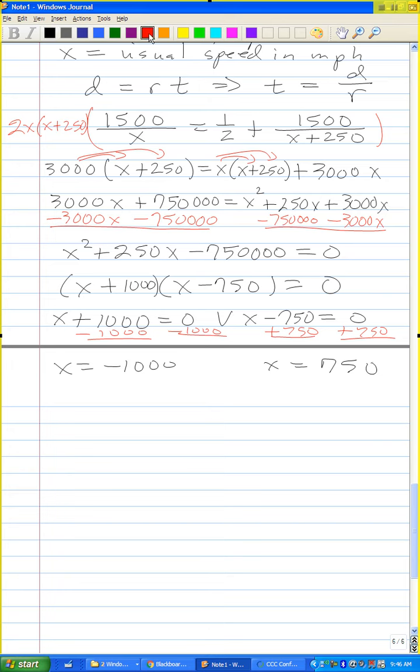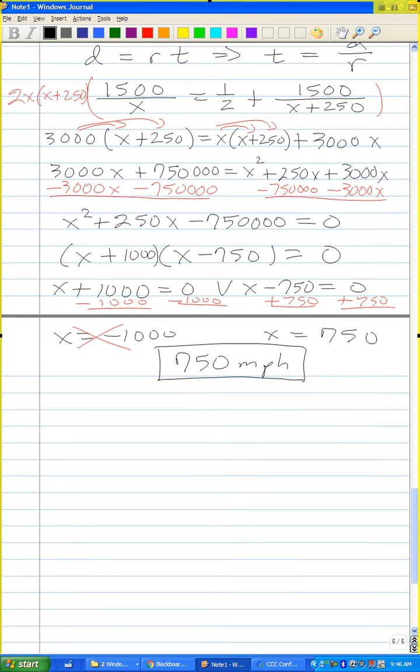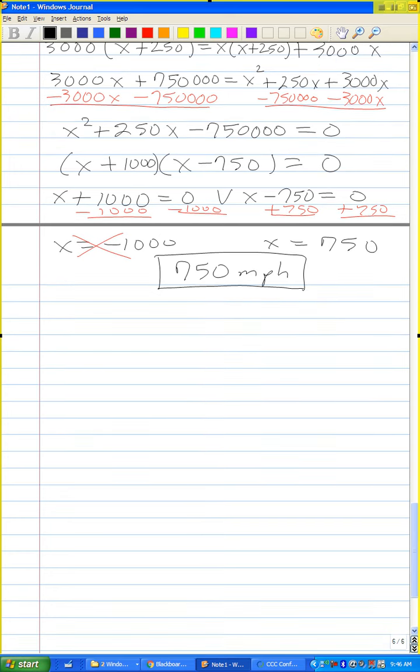Airplanes don't usually go 1,000 miles per hour in reverse, and so 750 miles per hour, which is actually quite fast for an airplane that's supersonic. So it's a jet, meaning a military jet. It's actually going quite fast.